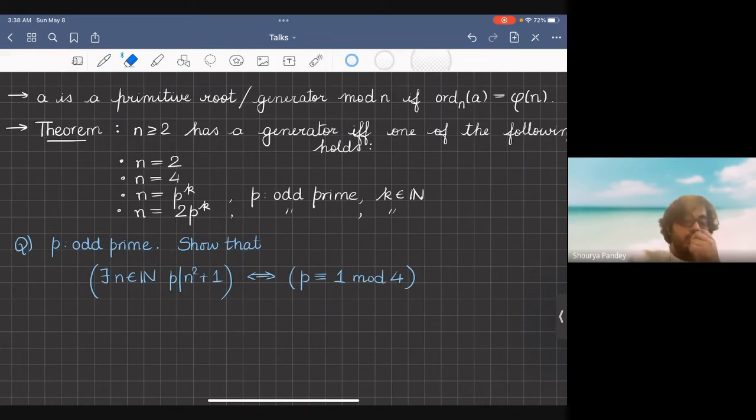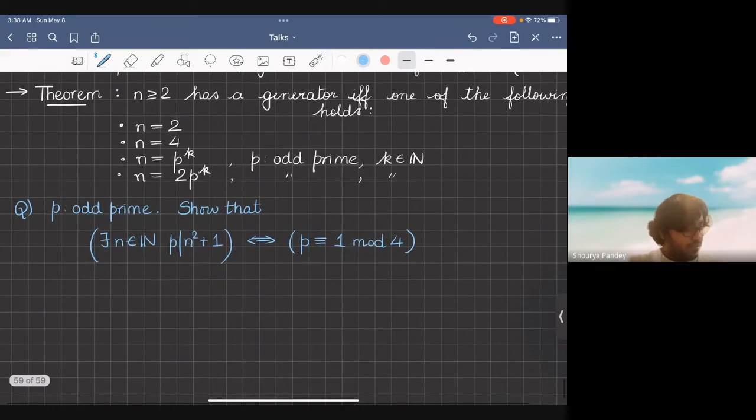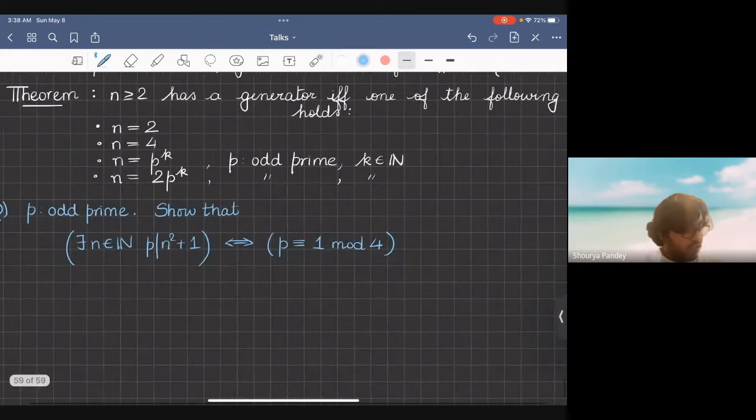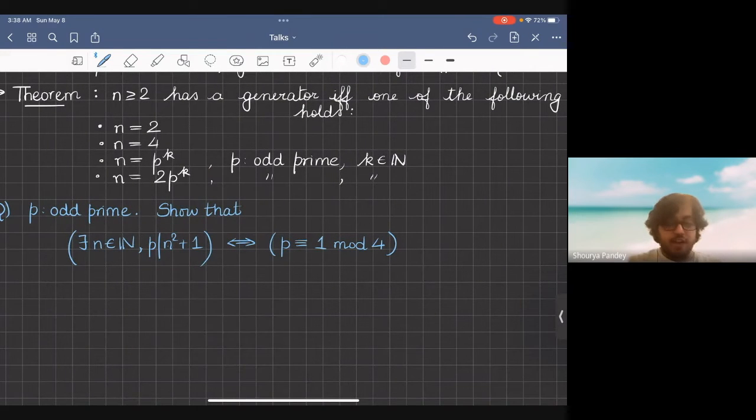How do we show this? I want to use the idea of generators, by the way. Is the question clear? I've just written shorthand. By this I mean there exists a natural number n such that p is a factor of n squared plus 1.